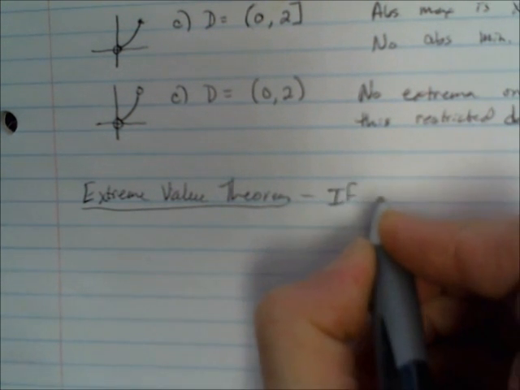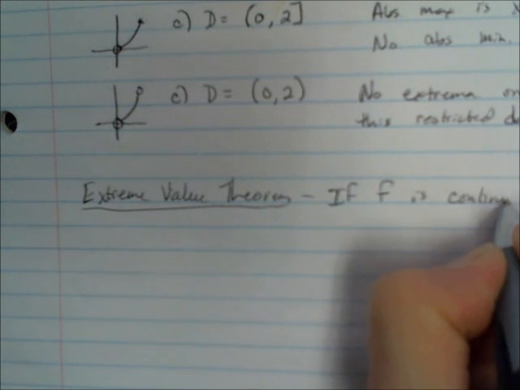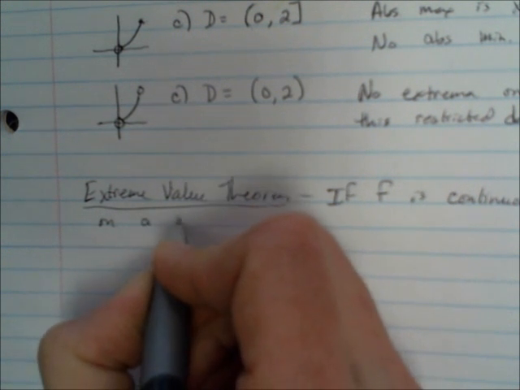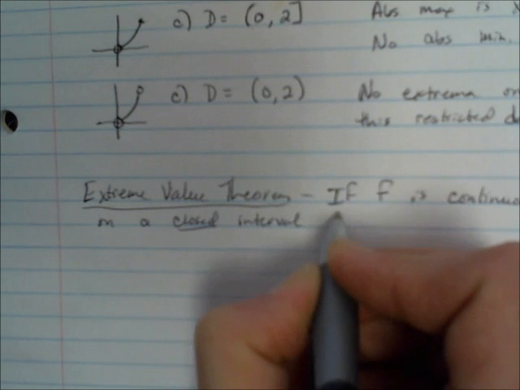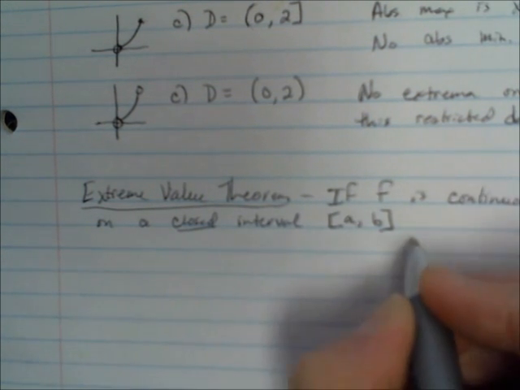So if your function, we'll call it f, is continuous on a closed interval, that means we've got square brackets on here. We'll call it a to b.